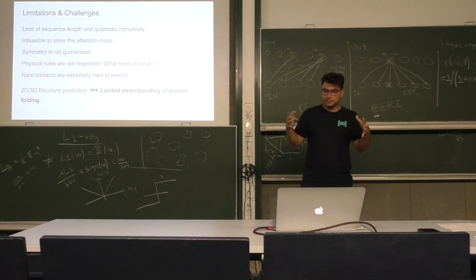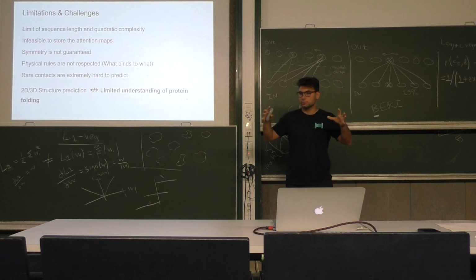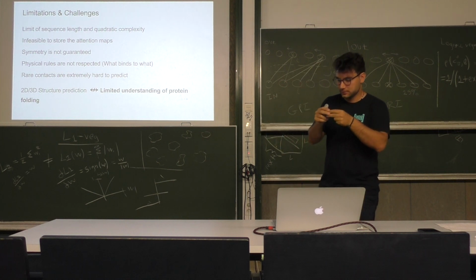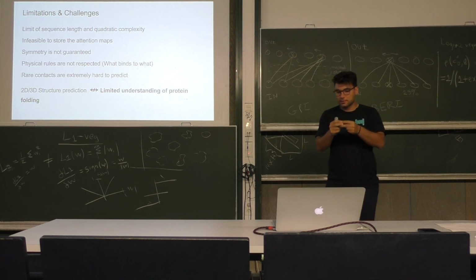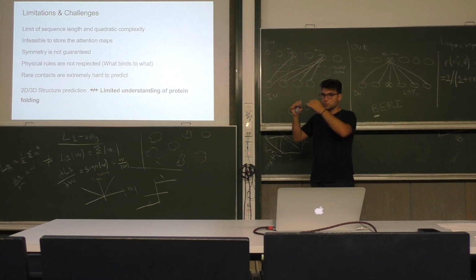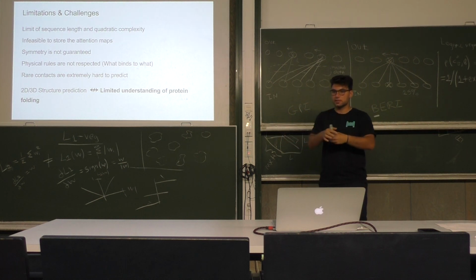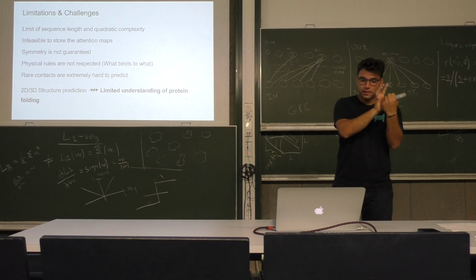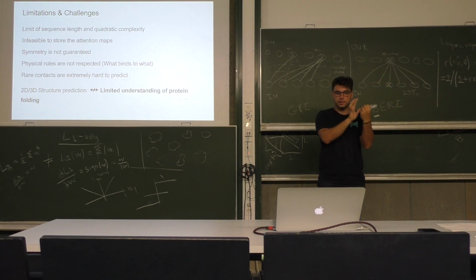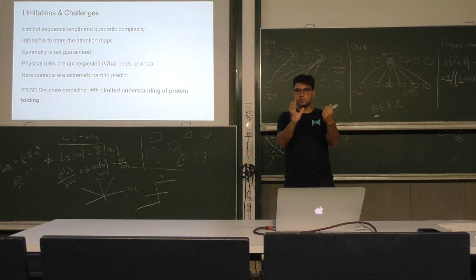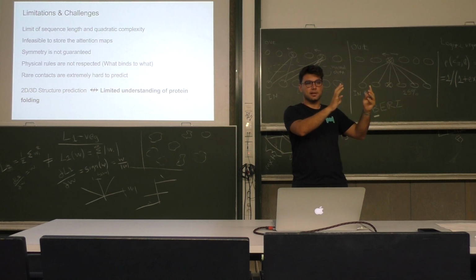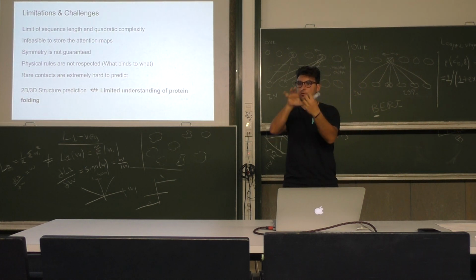And as a result, there are physical rules: when proteins are transcribed and translated from DNA to RNA to proteins, they have this jittery folding procedure. But we only predict, let's say, the last frame, the last 3D structure, the result of this jittery folding process.